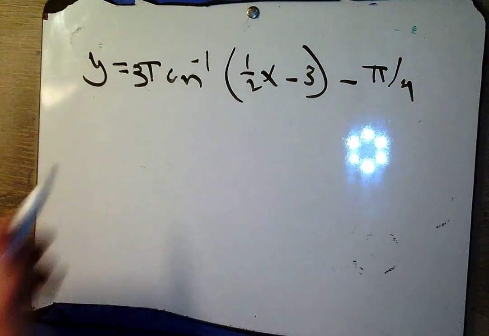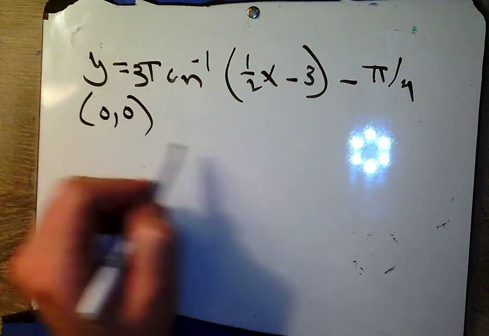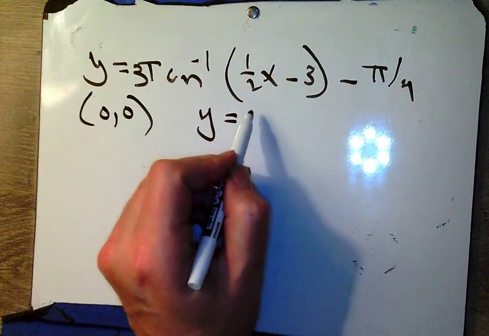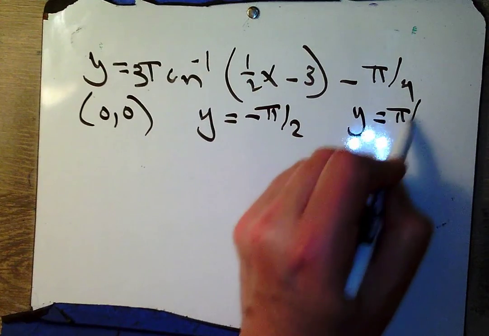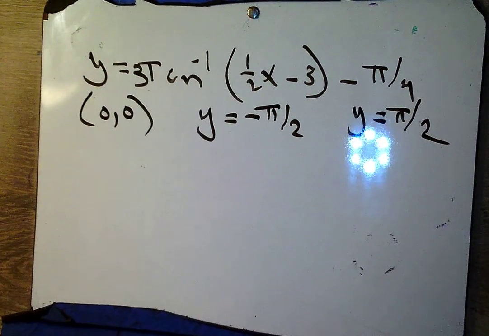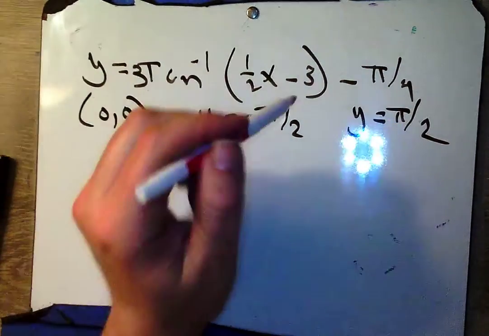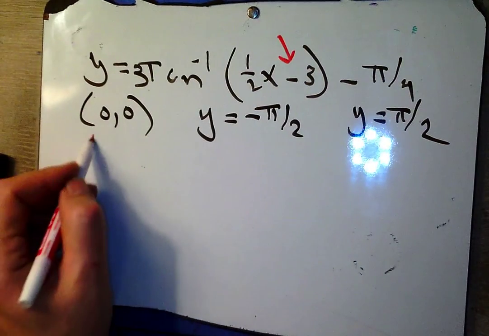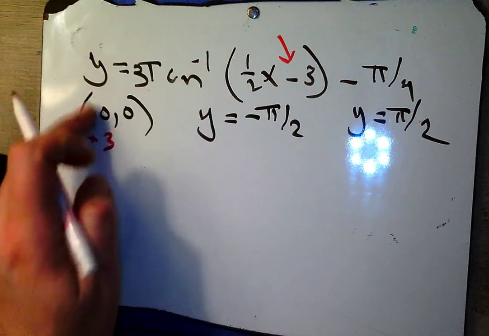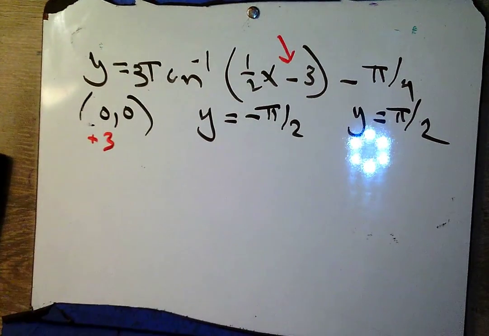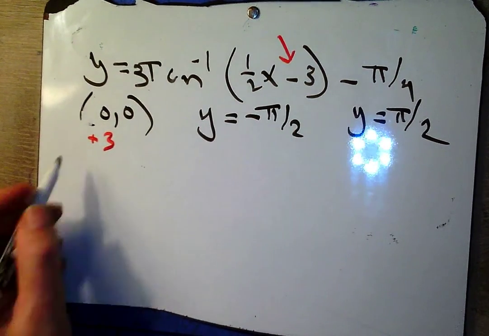Well, the answer is I use my reference point and my 2 horizontal asymptotes. I'm supposed to add 3 to all the x's. Well, that's the only x right there.